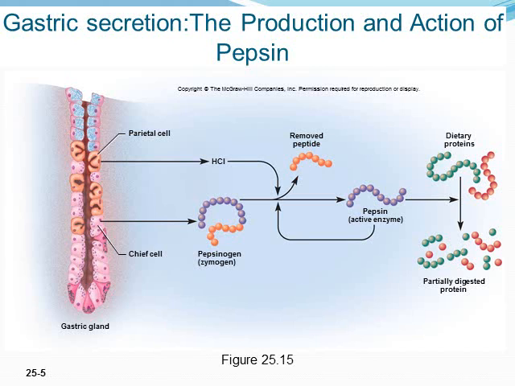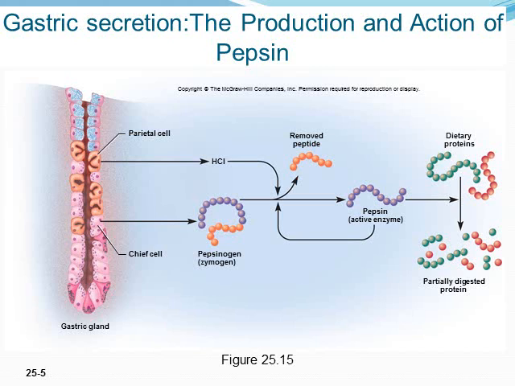The other thing that's shown on this slide that is not highlighted are the glands up towards the top, the blue ones. Those are mucus-producing glands. So in addition to having the production of the pepsin and the HCl, we also have mucus to protect the lining of the stomach from the high acidity.